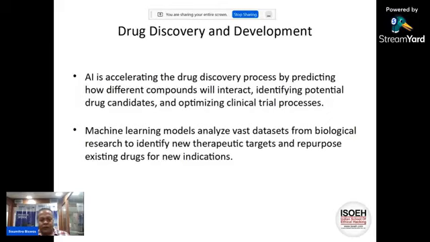Now again, what are the effects of those drugs? That data needs to be analyzed. That analysis, the drug discovery process has been sped up.